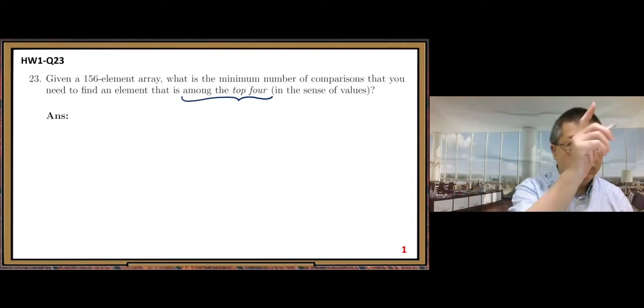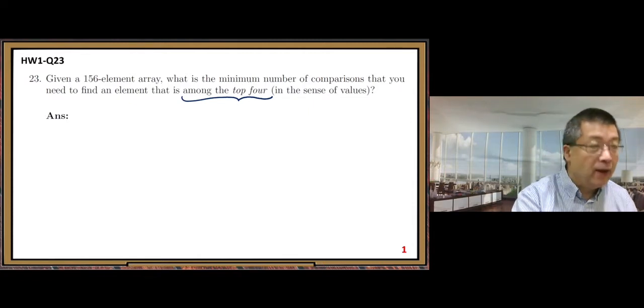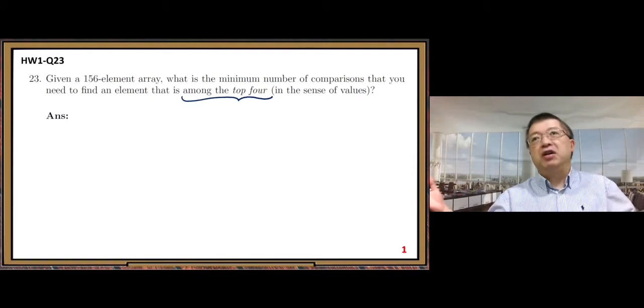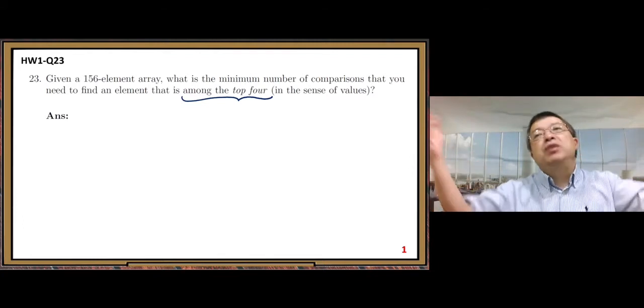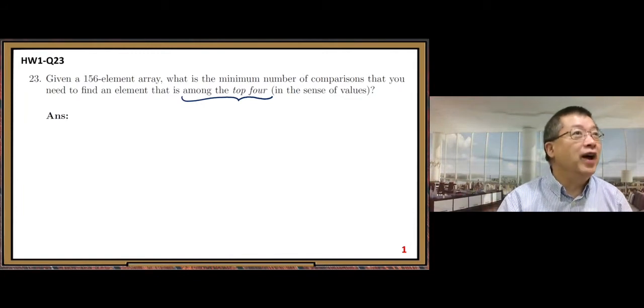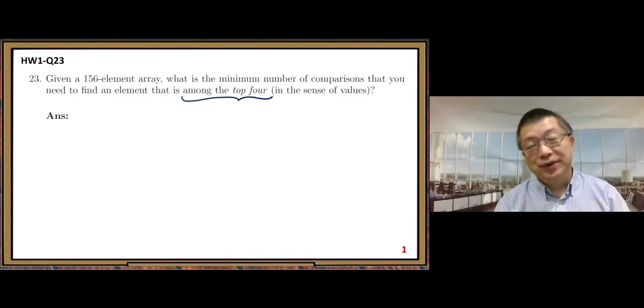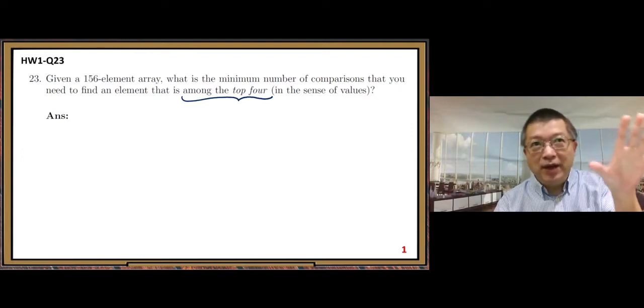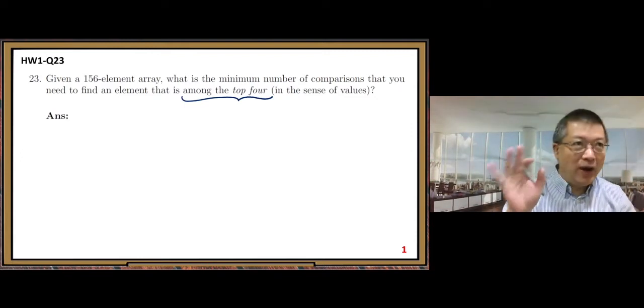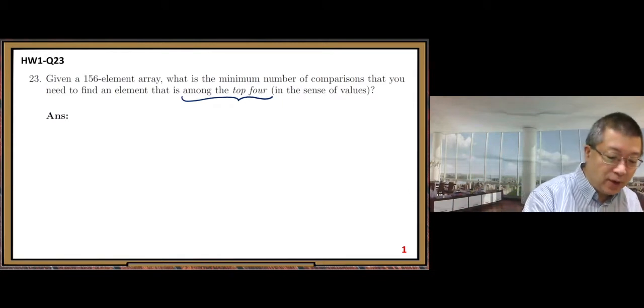Let me explain the meaning, based on our real life experience. What's the meaning of among top 4? To make it more explicit, I write it another time here.